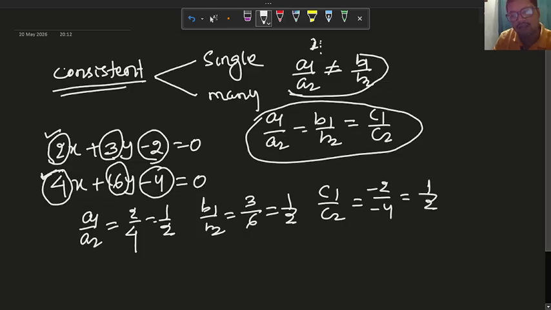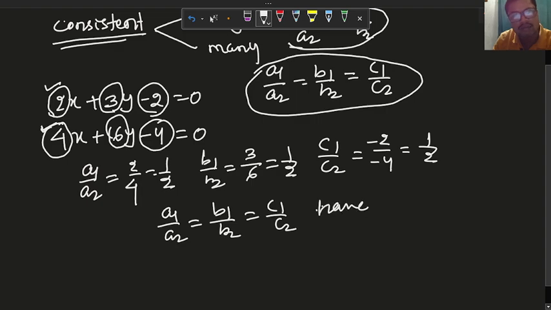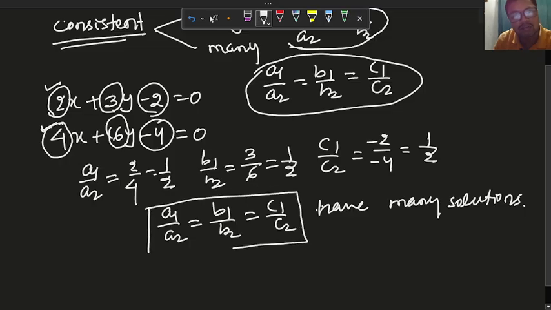Hence, in this pair of linear equations, a1 by a2 equal to b1 by b2 equal to c1 by c2, so this pair of equations has many solutions. Why? Because this satisfies a1 by a2 equal to b1 by b2 equal to c1 by c2. Clear?